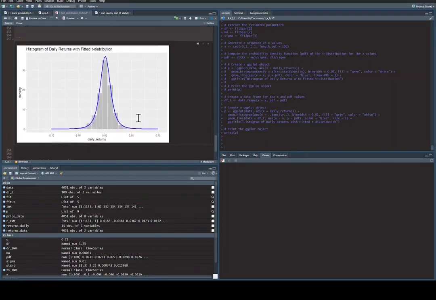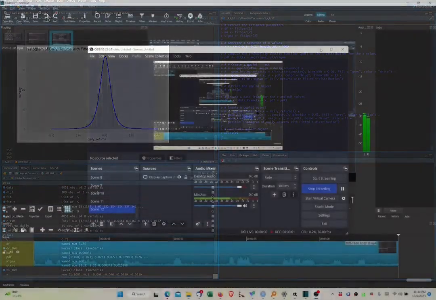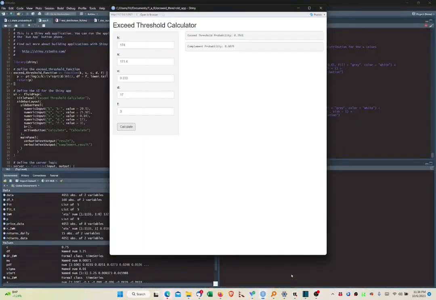Now how does that help? Well, if I go up to my app, okay, I've run my shiny code here, and I've got my T distribution probability function. That's my strike price, 174. That's the share price at the moment before trade opens in about 20 minutes.